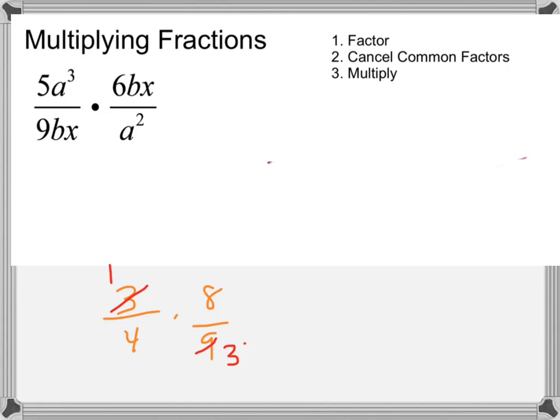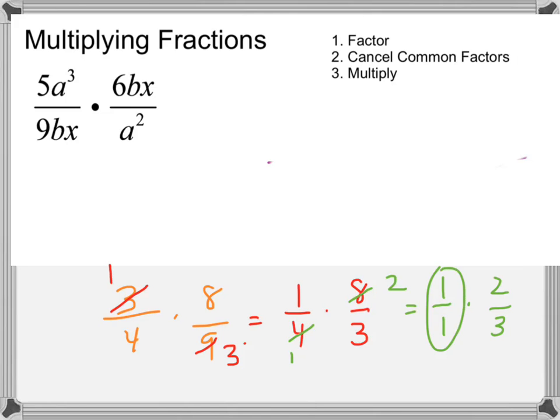So really what I have left to multiply is 1 over 4 times 8 over 3, because I canceled. But 4 and 8 share a factor of 4. So 4 divided by 4 is 1, and 8 divided by 4 is 2. So really what I'm doing is 1 over 1 times 2 over 3. Well, 1 over 1 is just 1, and 1 times a number is itself, so I have 2/3 here.